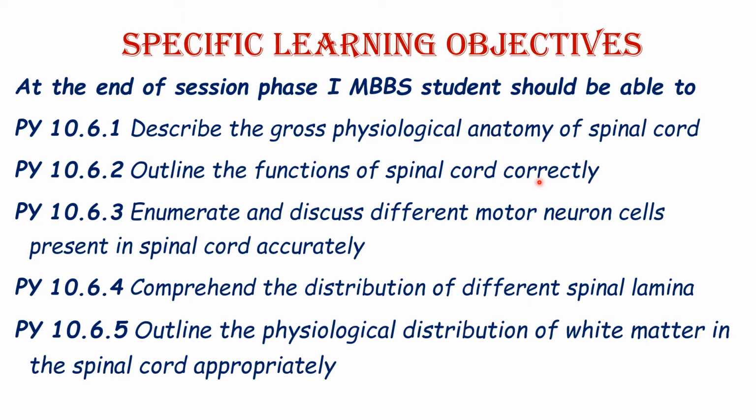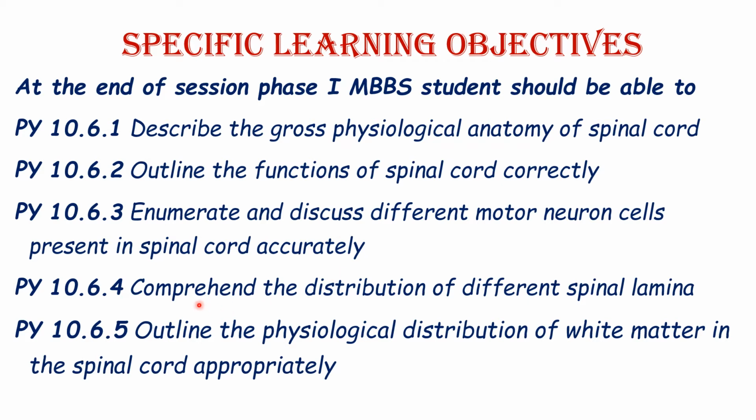So we talked in detail of different tracts, ascending tracts and descending tracts, and especially the ascending tracts, different laminae. Then enumerate and discuss different motor neuron cells present in the spinal cord accurately. We also discussed in detail the alpha motor neurons, the gamma motor neurons, and all the other relevant structures there.